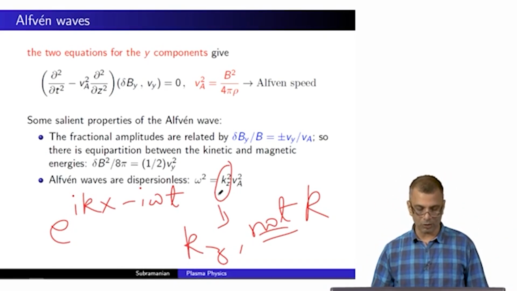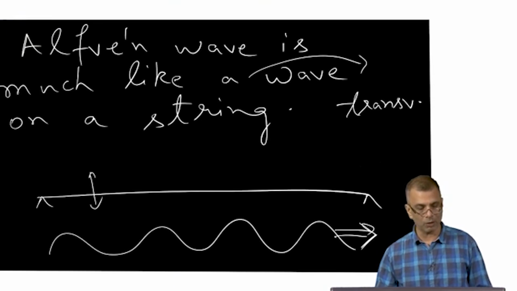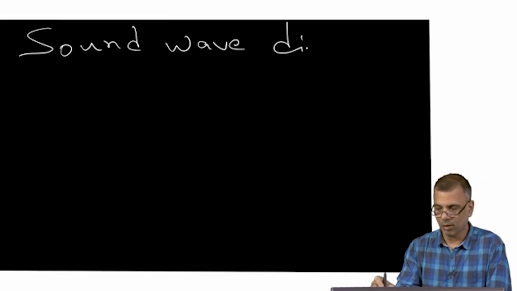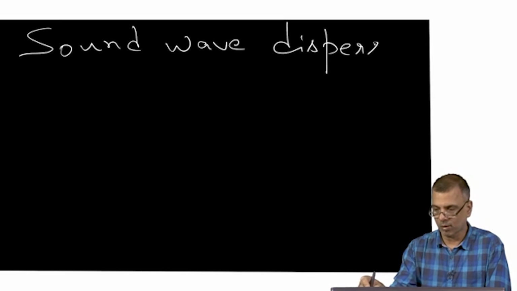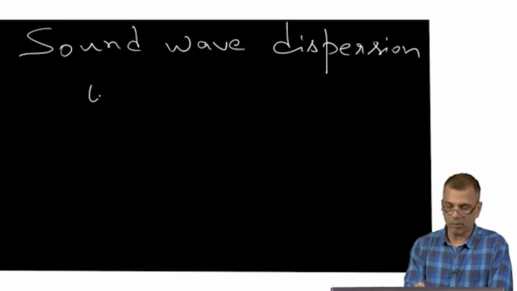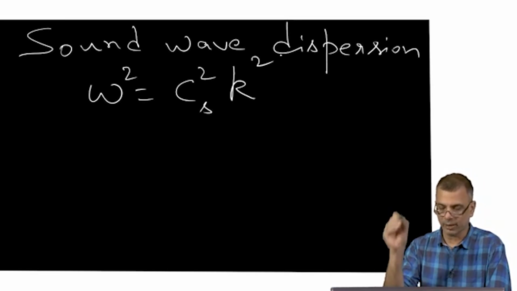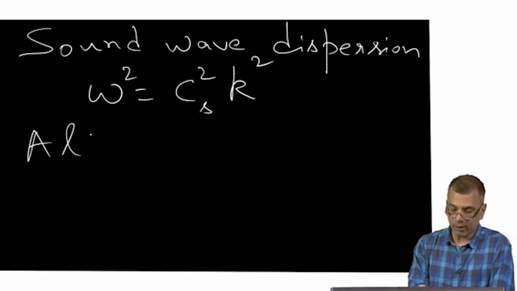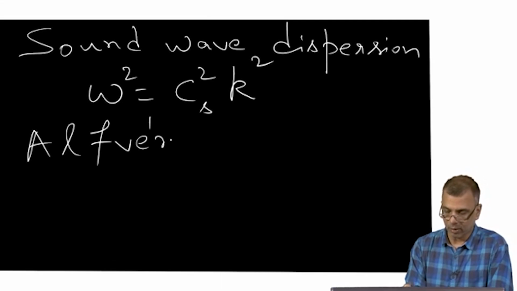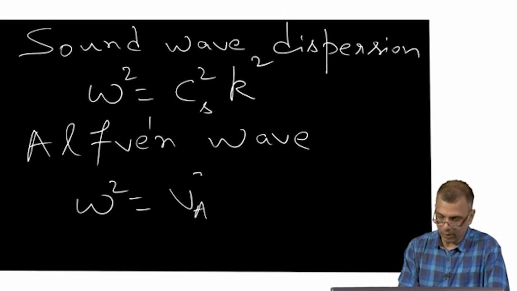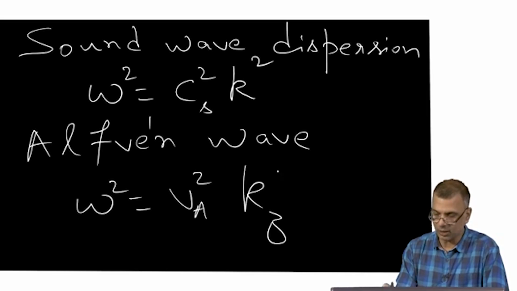Okay. So, the dispersion relation for a sound wave is omega squared equals c sub s squared k squared, like that. For the Alfvén wave it is omega squared equals Va squared kz squared.